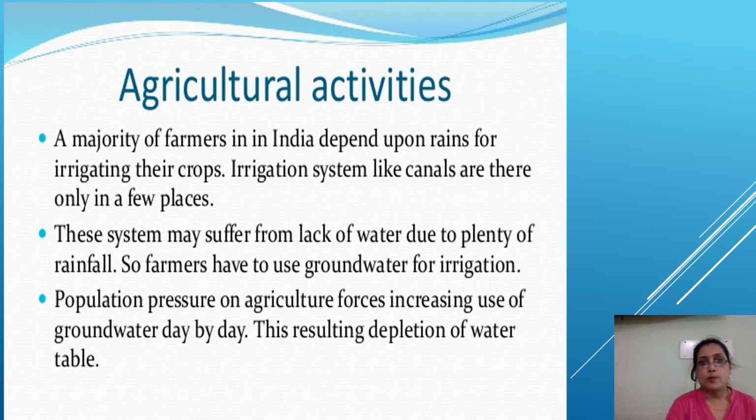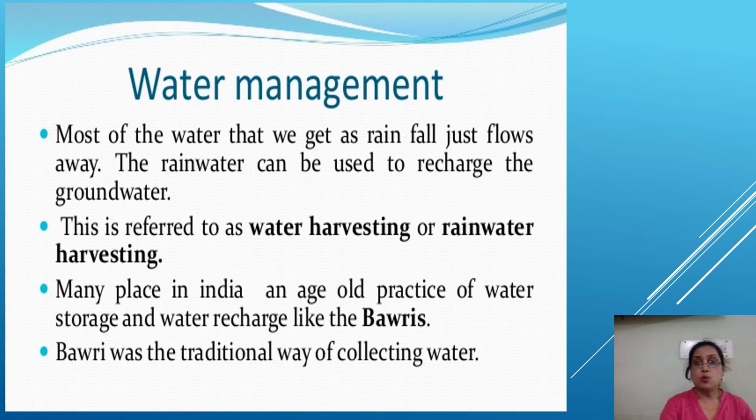Okay, so next is water management. If there is more water, there is a problem like floods. If there is less water, the problem is drought. So what is water management? Better management of water resources can help in conserving water. It means water has to be conserved for future use.